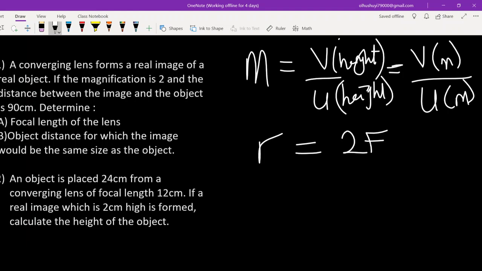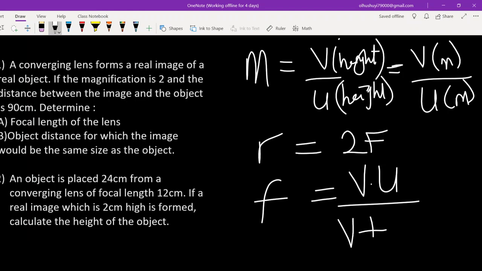And of course, your focal length is equal to your image distance times your object distance upon the image distance plus your object distance. We need these formulas in solving the questions that we have here with us. So let's get to the questions.